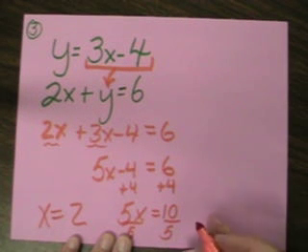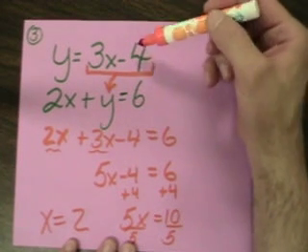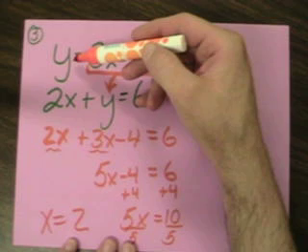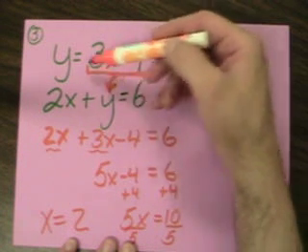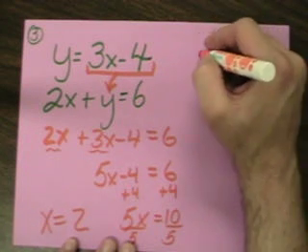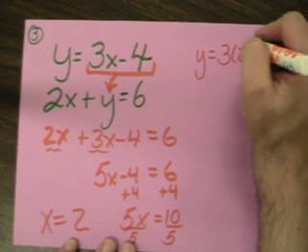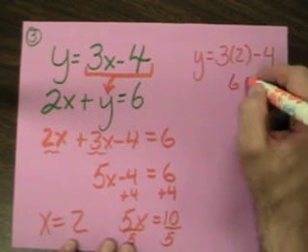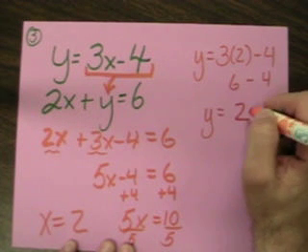Now, I still only have one variable. It's almost always easier to use the one that's already solved for the other letter, the one that you substituted in. So I'm going to do that now. Y should equal 3 times 2 minus 4. Okay, 6 minus 4. So y equals 2.